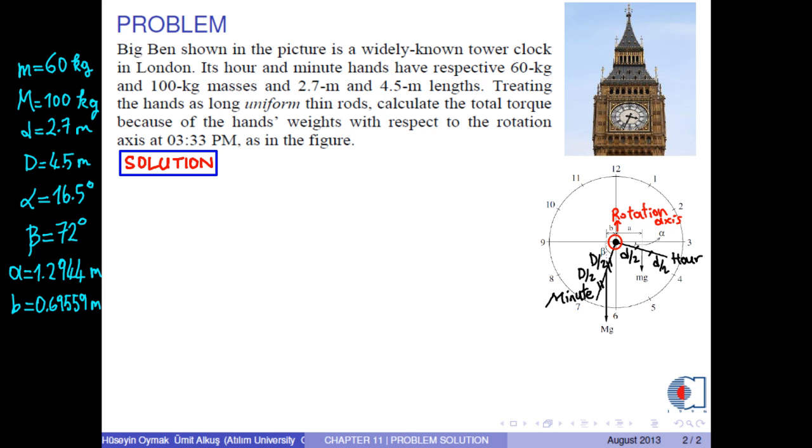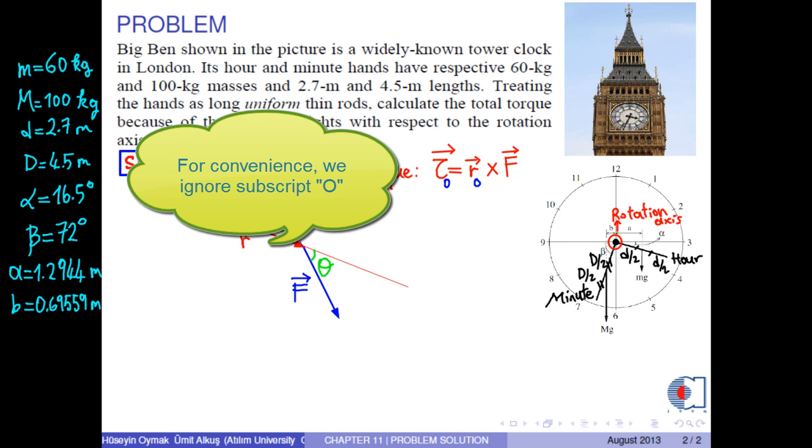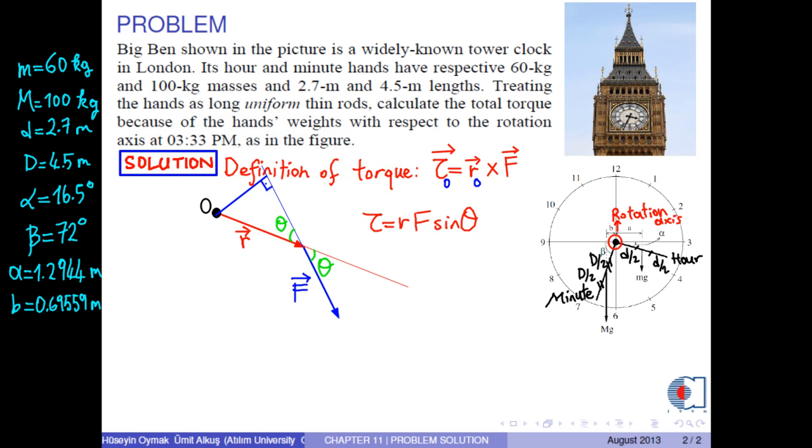The definition of torque is tau O equals r_O cross F, where tau O and r_O are measured according to the rotation axis passing through point O. Definition of cross product gives us tau as r times F times sin theta, where theta is the angle between F and r.